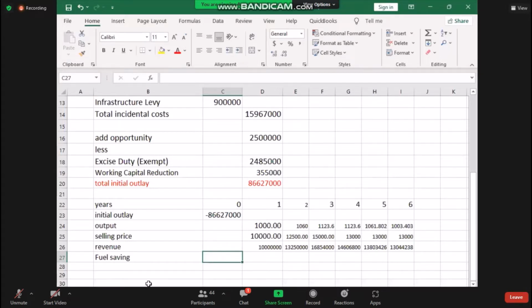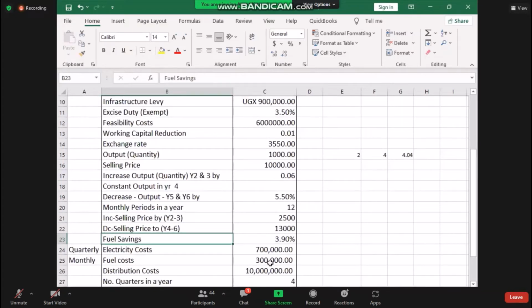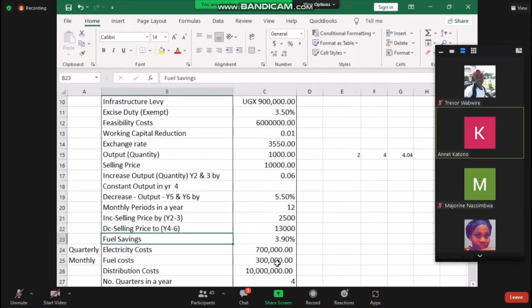Now, what is our fuel cost? Go back to your investment detail sheet. The fuel cost has been given, and it is 300,000. And it is monthly, and we have 12 months in the year. So we shall multiply the 12 months by the 300,000 per month, and then we shall get the annual fuel cost in a particular year.